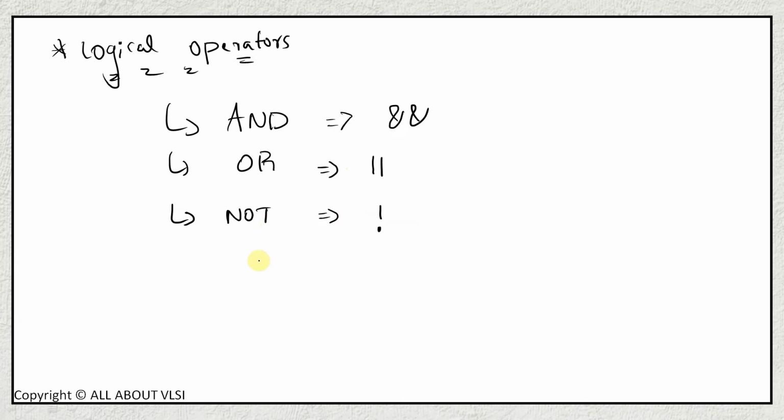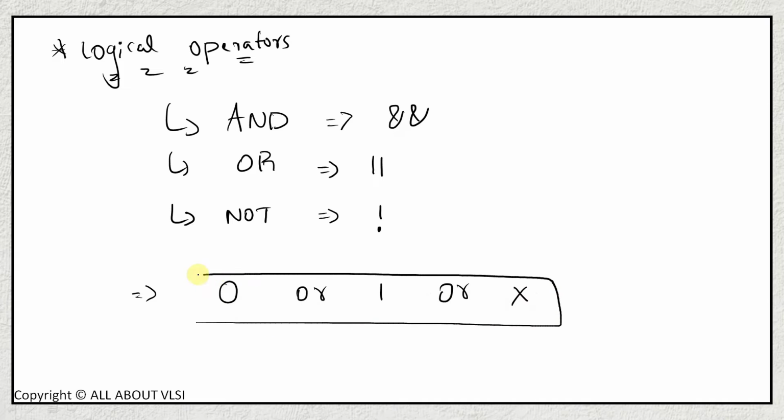One more important point about logical operators is that the output of a logical operation will be either 0, 1 or unknown.